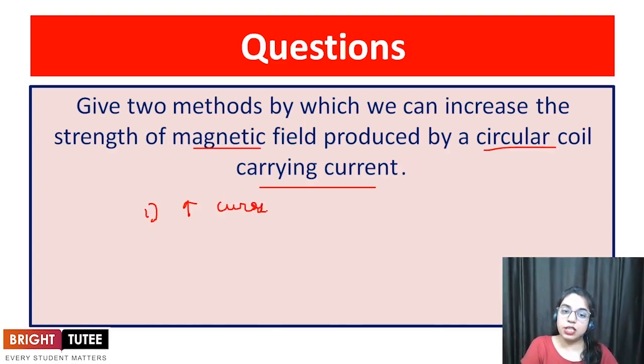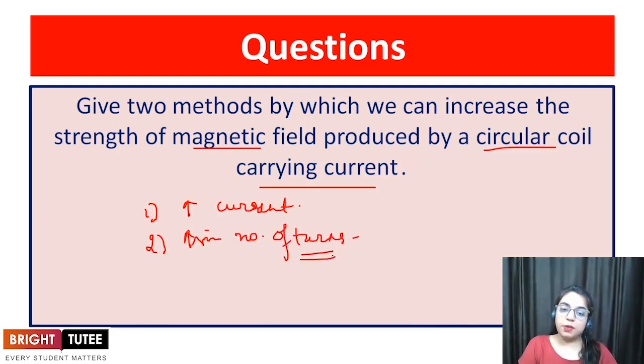If you increase the amount of current passing through it, the magnetic strength will also increase. And second is by increasing the number of turns. As you increase the number of turns, the magnetic field created will also increase. Okay, so the two ways to increase the magnetic strength are by increasing the amount of current flowing through the coil, and second is by increasing the number of turns of the coil.